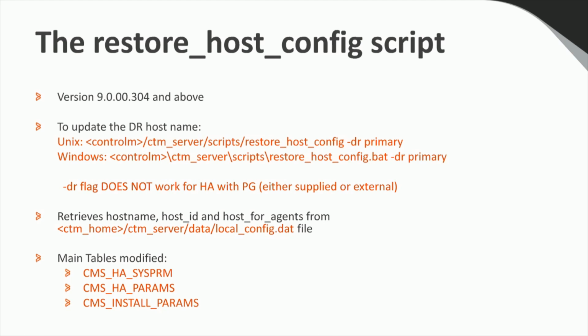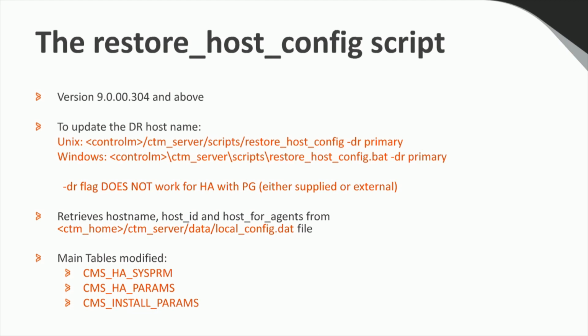In order to switch from our primary to the DR site, we must use the restore host config utility. This is a very useful tool which is available since Control-M Server version 9 Fixpack 300 with patch 304. This utility will allow us to perform different actions.